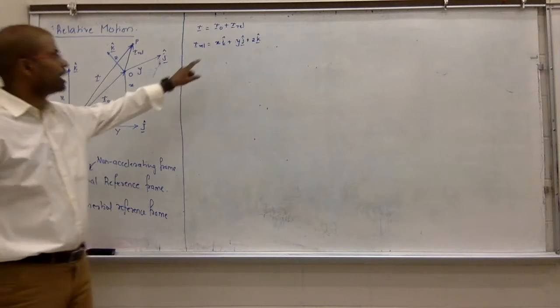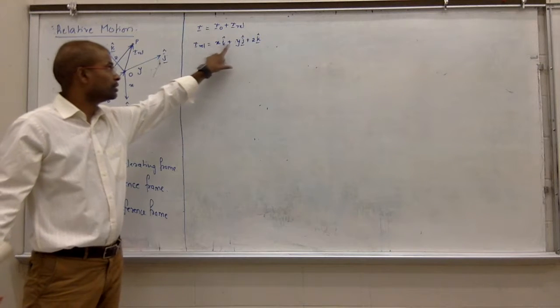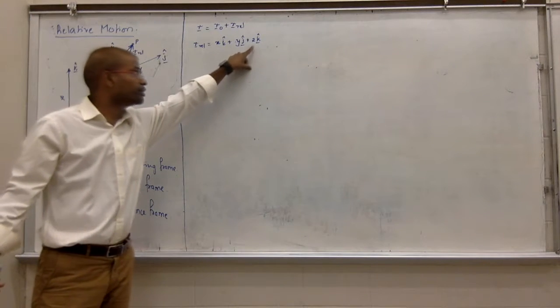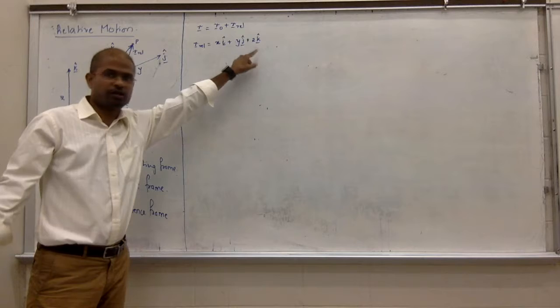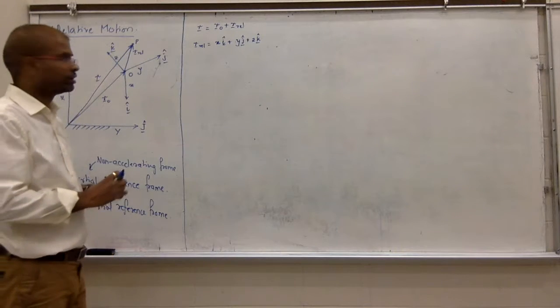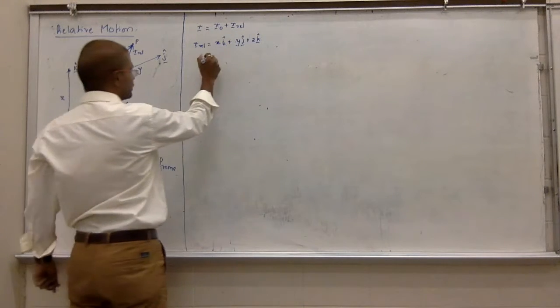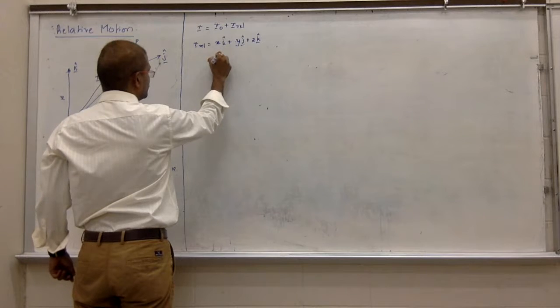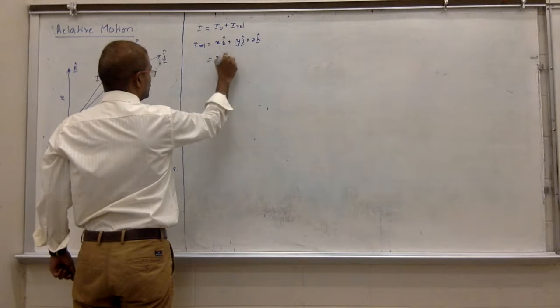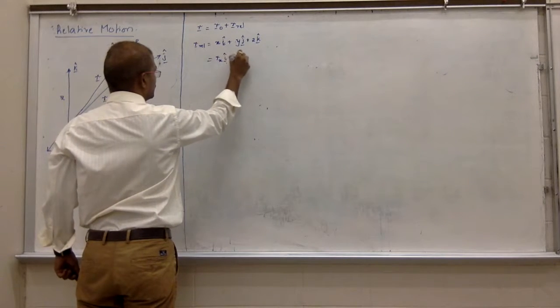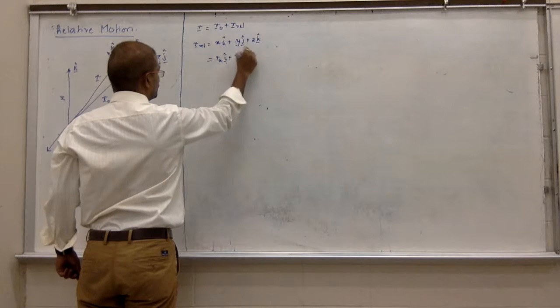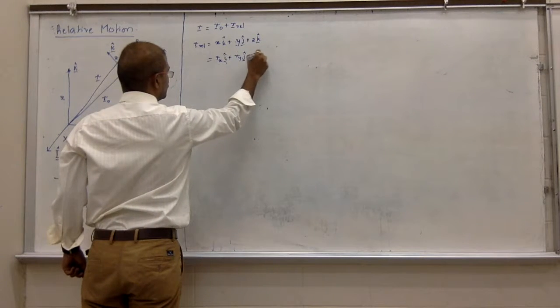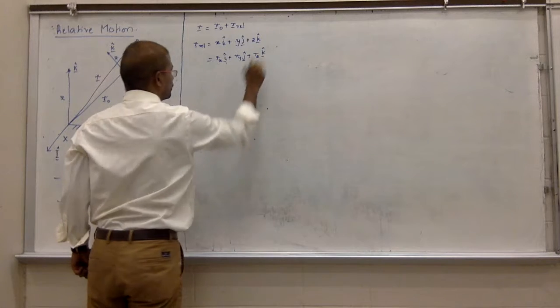Okay. This is the x component of R relative, y component, z component, along i, j, k. Okay. You can also write this in another way, this is also okay.